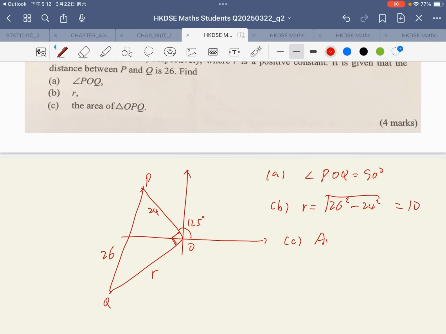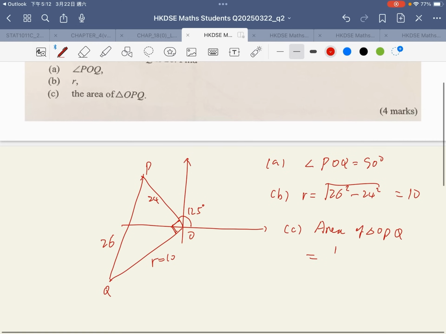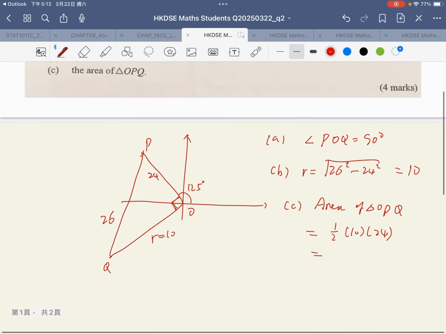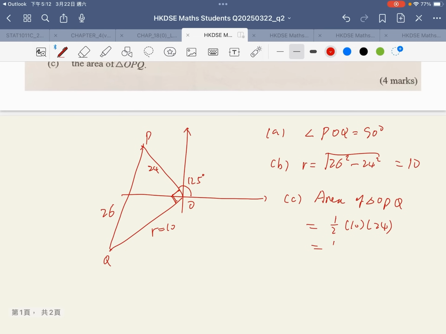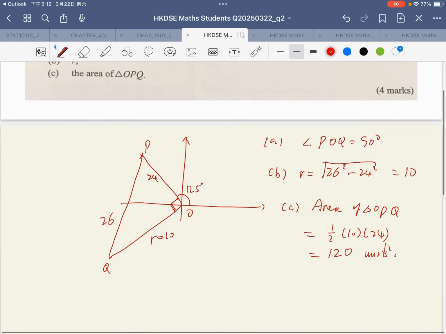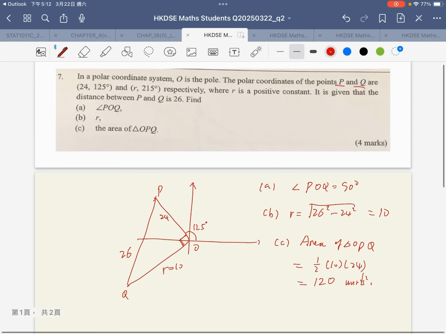For part C, the area of triangle OPQ equals 1/2 times 10 times 24, which is 120 unit squared. Yes, this is the answer of this question.